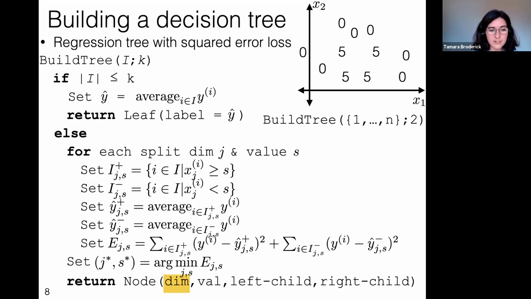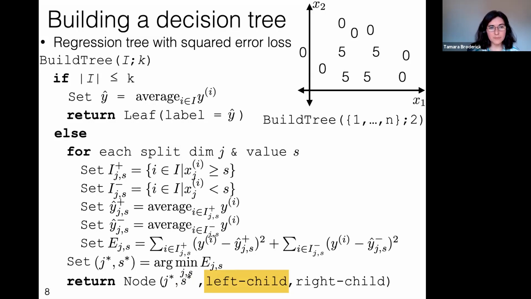And so here, once we've found the best split dimension and the best split value, we're going to return that best split dimension and that best split value. And then we're going to build the children. So the left child, how would you build a left child? You're basically going to recursively do the same thing on the data points in the left side of the split.